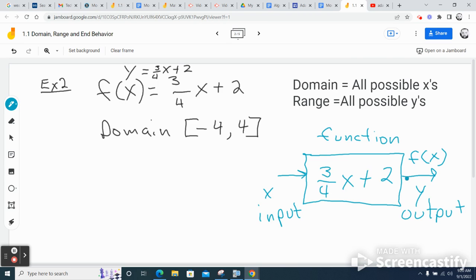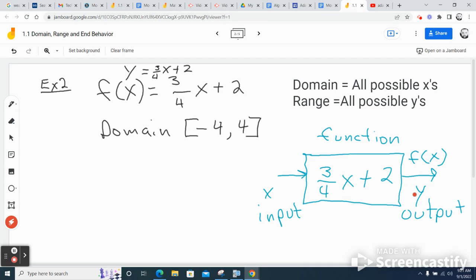Okay? So I'm going to plug in a number for x, do some math. Think of it like a machine that makes something. I'm going to come in here. I'm going to plug in a value for x. I'm going to plug that value of x into my function or machine. It's going to do some math, and then it's going to spit out a number that we call y. So there's a mathematical relationship between x and y. There's an input that goes in, and there's an output that comes out.